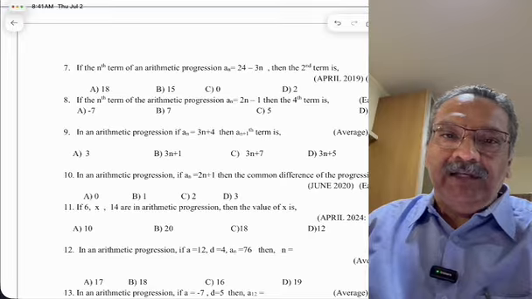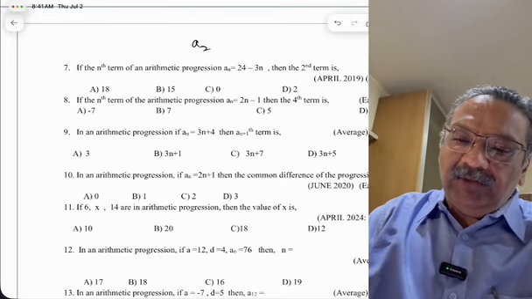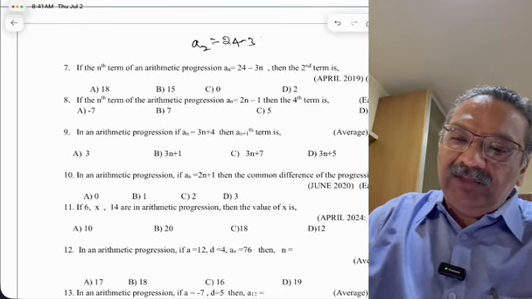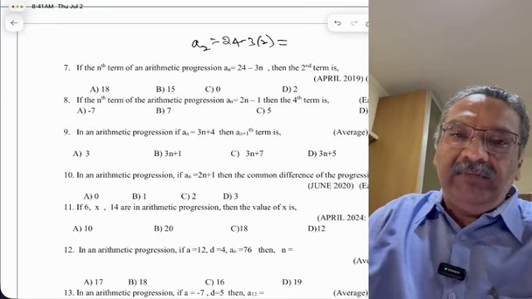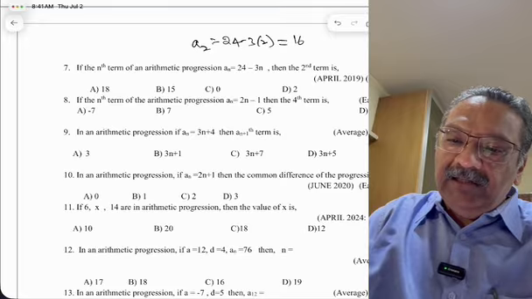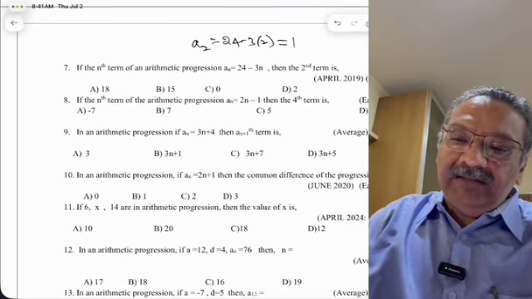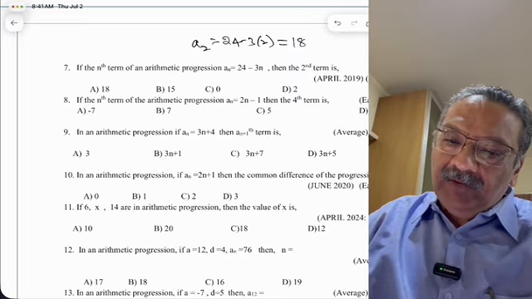So substitute n as 2, it is 24 minus 3 into 2, 3 2s are 6, 24 minus 6 is 18.